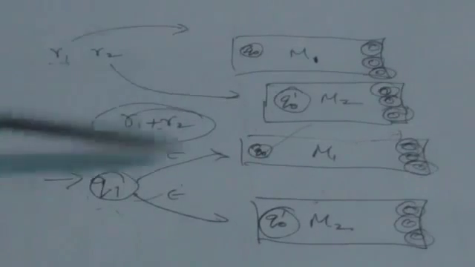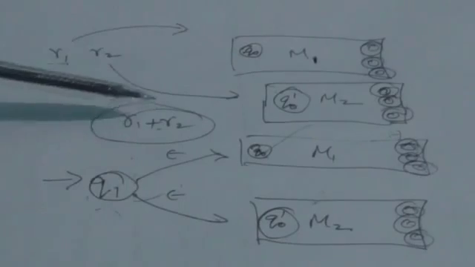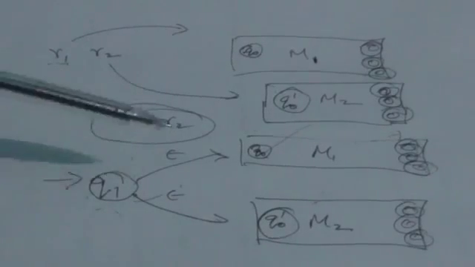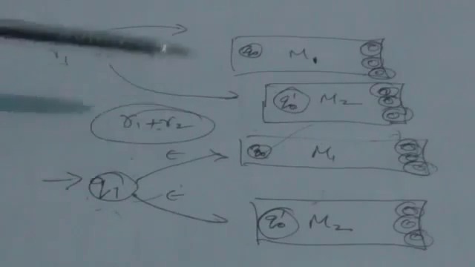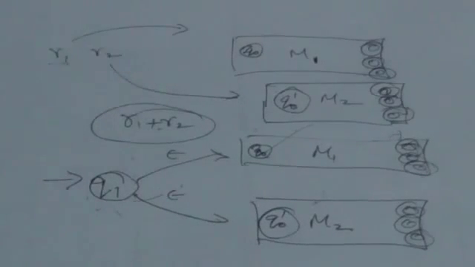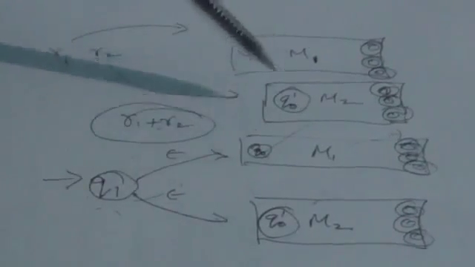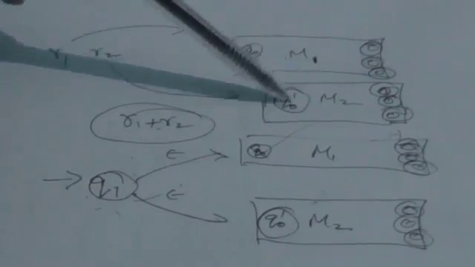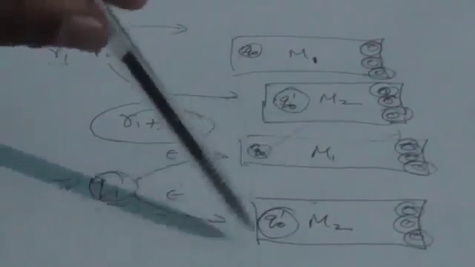Now suppose there is a string which belongs to the regular set of regular expression R2. Then what happens? Machine, without reading any input symbol, will jump to Q-0, which is the initial state of M2. Here it is not initial state, right?